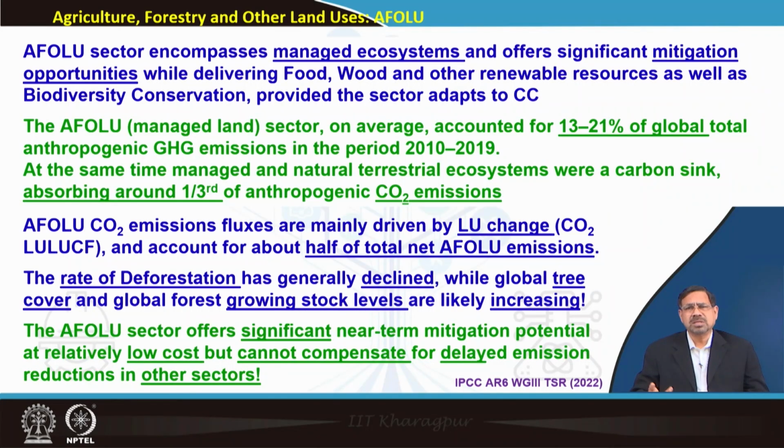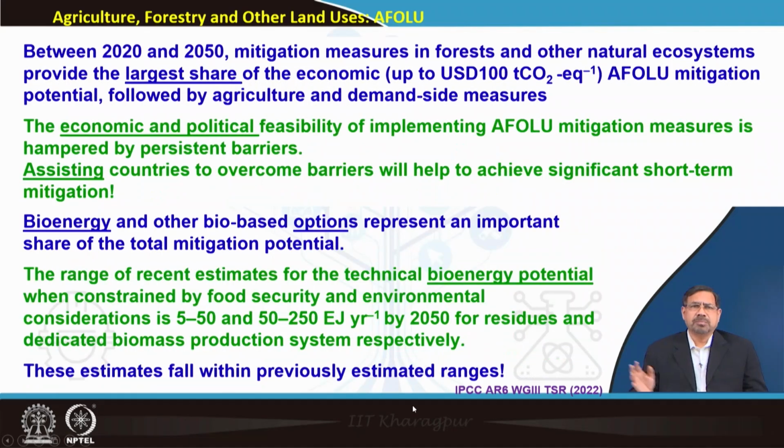We don't need to invest, we just need to plant this crop or the trees, and it is done. So, it is the cheapest, at a very low cost, but the caution is it cannot compensate for delayed emission reduction. So, we need to act fast, or delayed emission reduction from other sectors also.